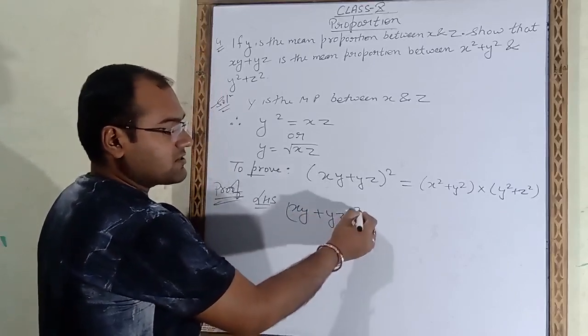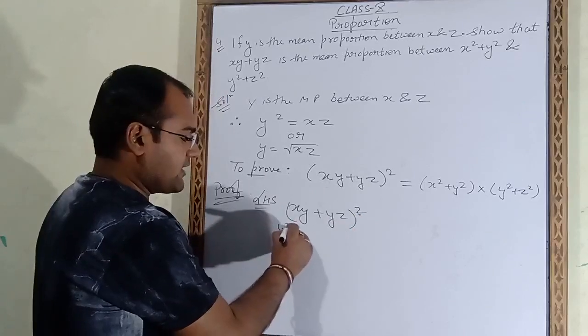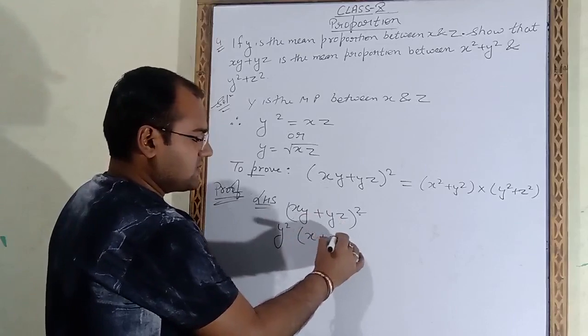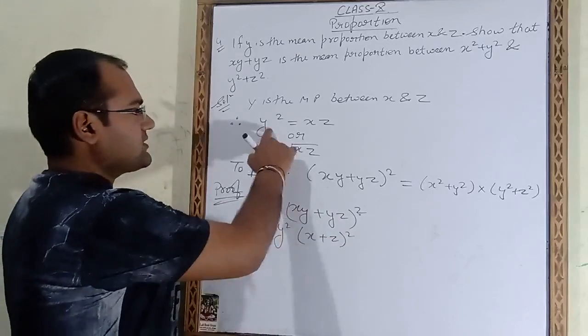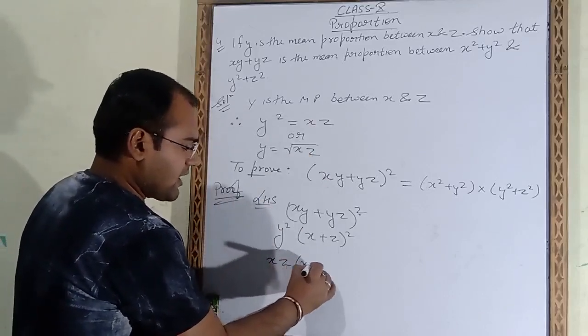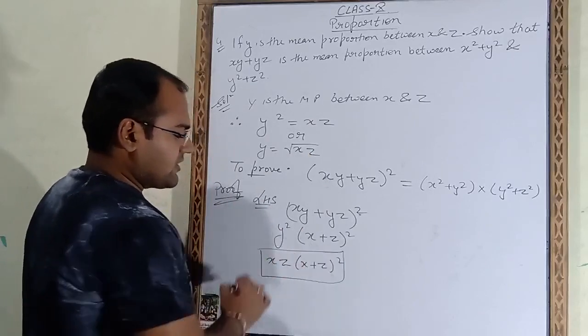But outside this bracket square is there. So that's why when we take this y outside, we have to write y square. And in the bracket the remaining term is x plus z whole square. Now this y square answer is xz. So instead of y square, we can take xz bracket x plus z whole square. After this we will not solve it.